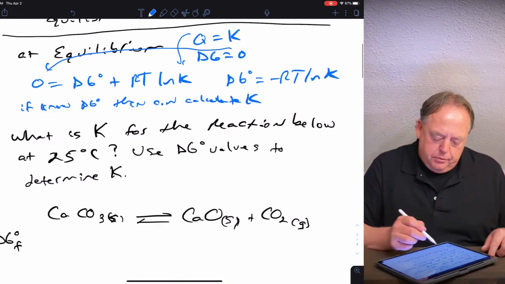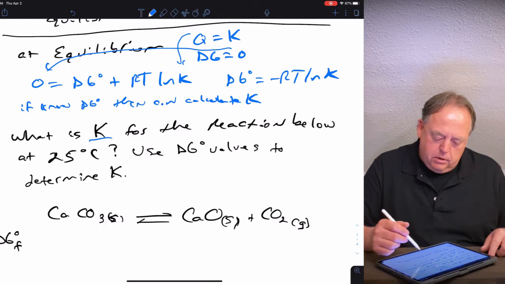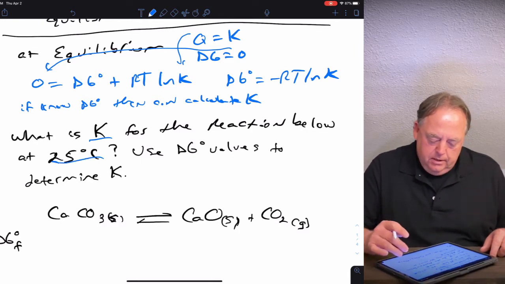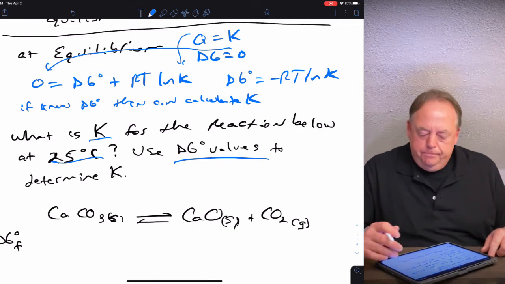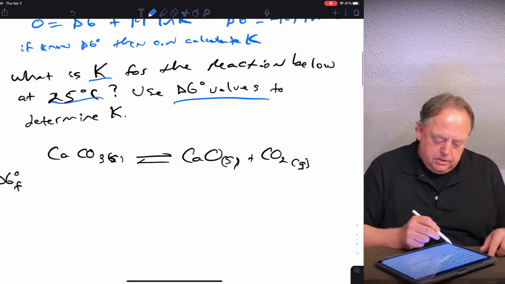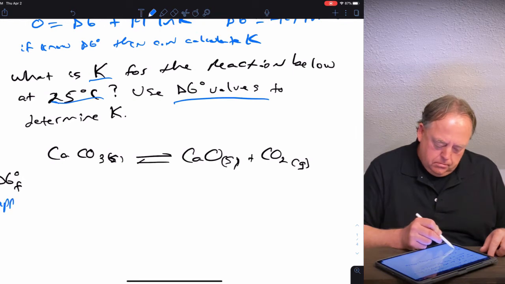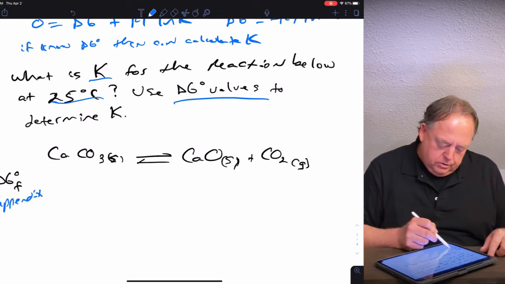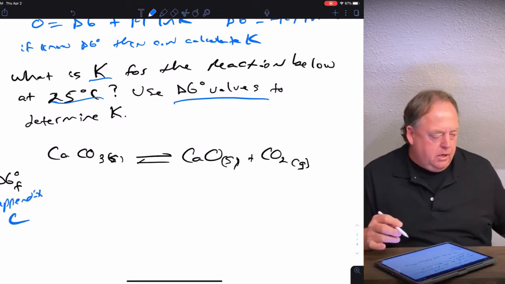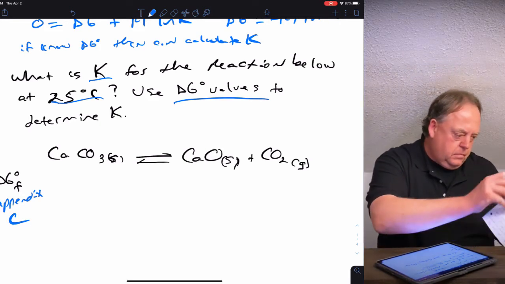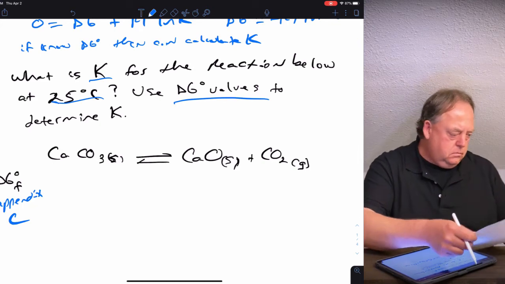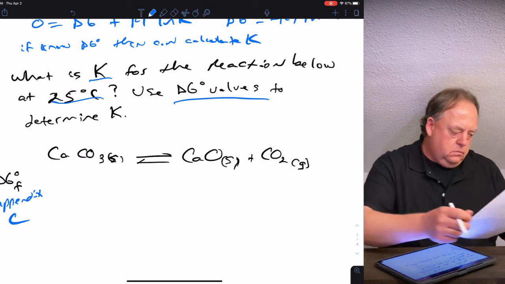Let's take an example. What is K for the reaction below at 25 degrees Celsius? We use delta G naught values to determine K. For this reaction, we go to appendix C and look up delta G formation values for these compounds.